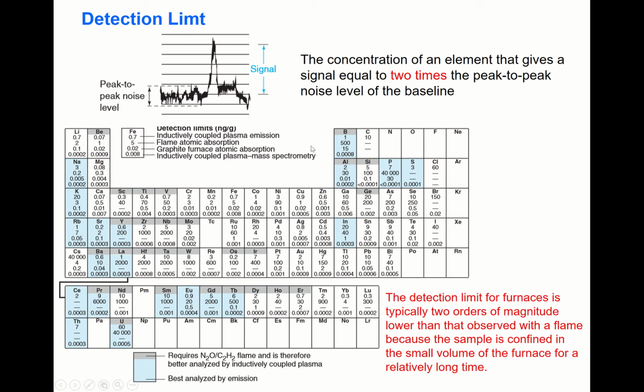Look at this periodic table. Virtually, atomic absorption or atomic emission spectroscopy applies to virtually every element, except maybe hydrogen here, and carbon, nitrogen, oxygen, fluorine, and also the inert gases.